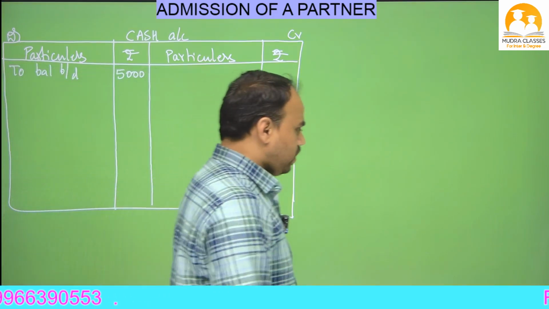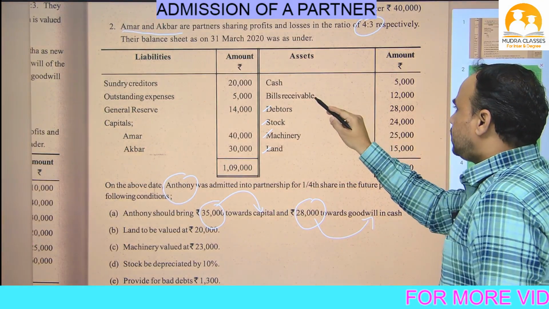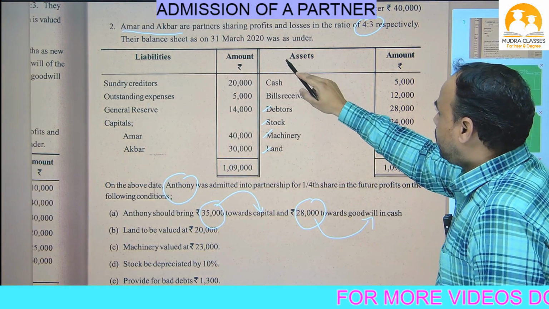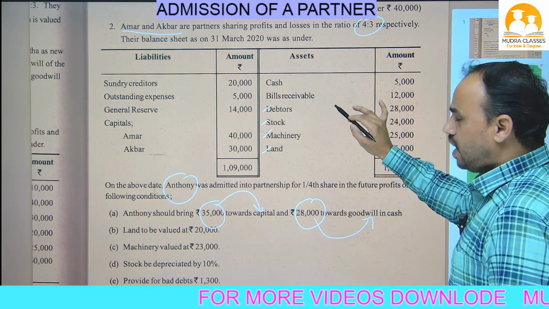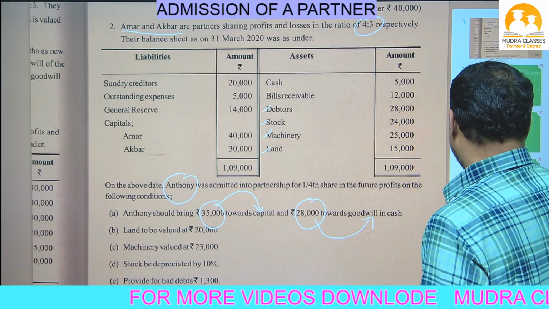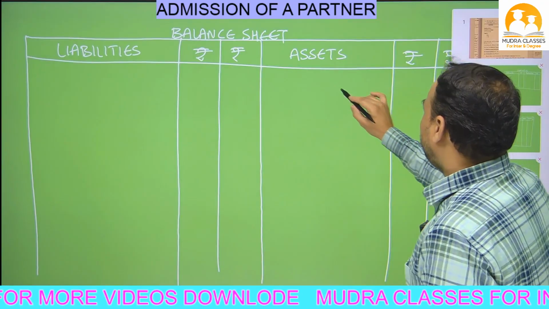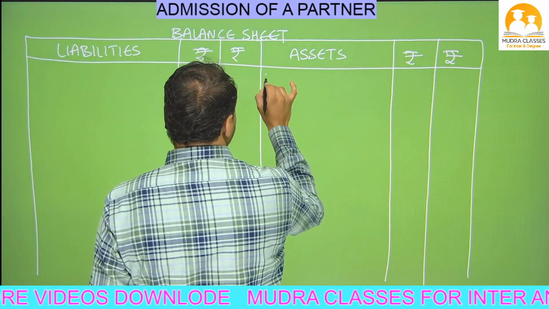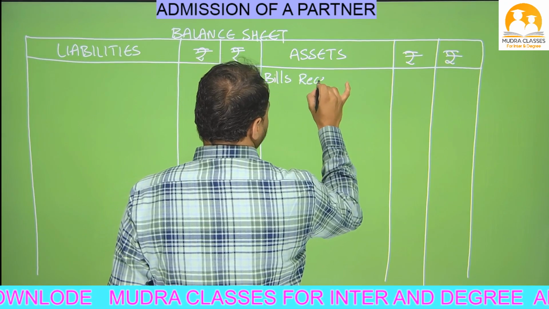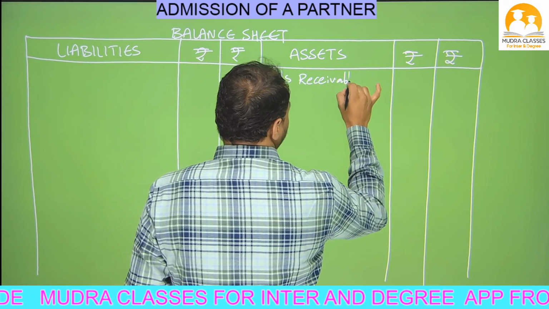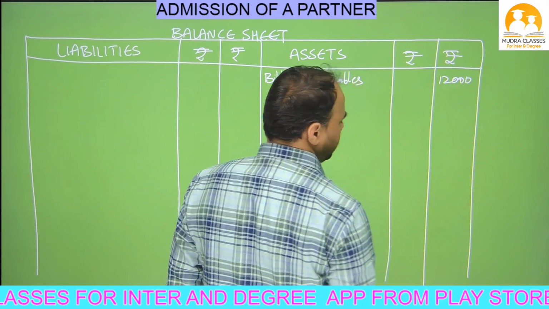Okay, right. What is the next item given in the question? Let's see. Bills receivable is given. Which side is given in the question? Asset side is given. Same as this, in the answer we will write on the asset side. Bills receivable 12,000. So this is the balance sheet asset side. There is no adjustment, so directly write in the outer column.